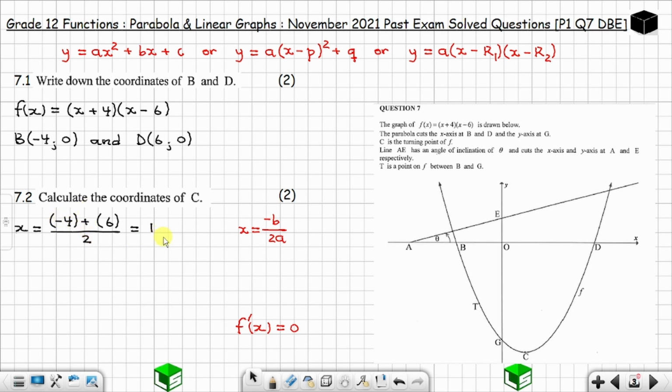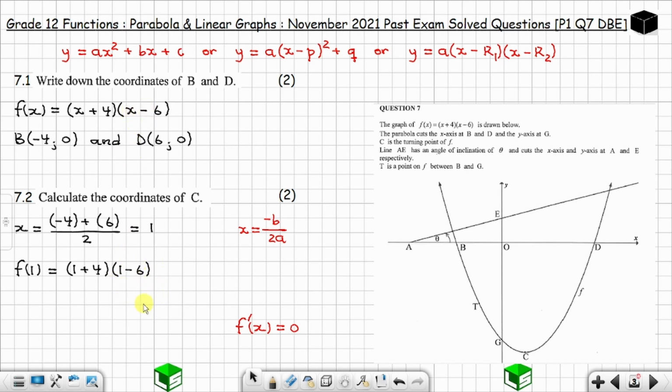Now to find the y coordinate of C, you take f of 1. You have the bracket there and you replace your x with 1. So you plug 1 wherever there is x. So it's (1 + 4), and you open another bracket, you put 1 there, minus 6.